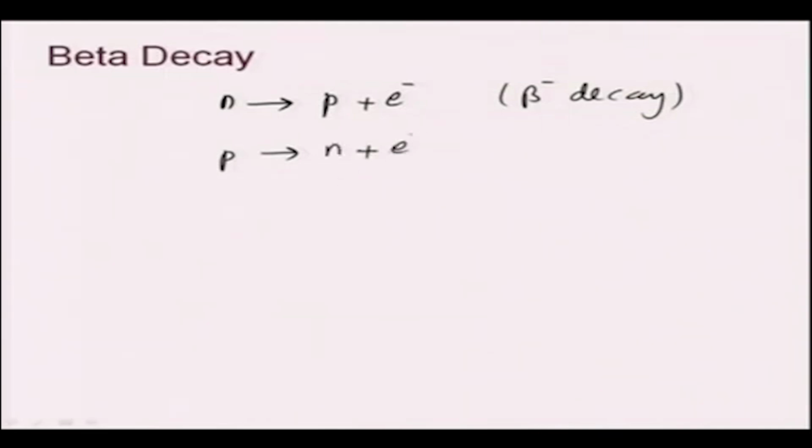We can think of beta minus decay as a neutron decaying into a proton plus an electron. The beta plus decay is positron emission, with a proton converting into a neutron.